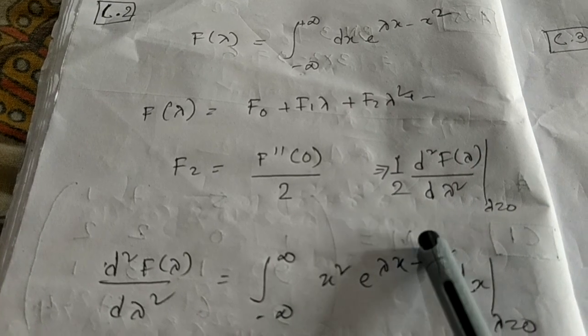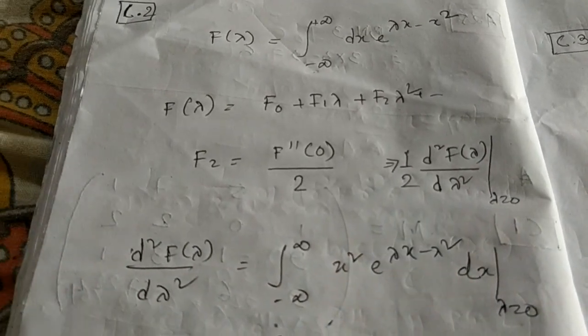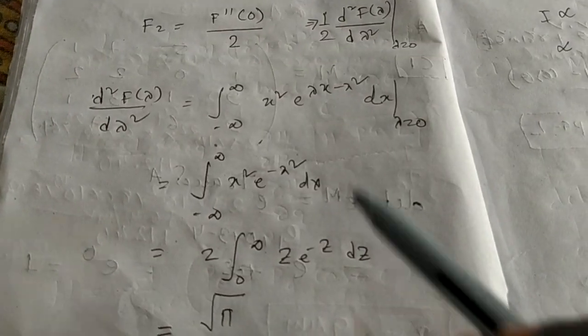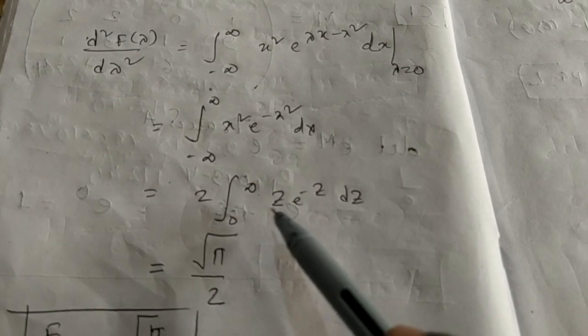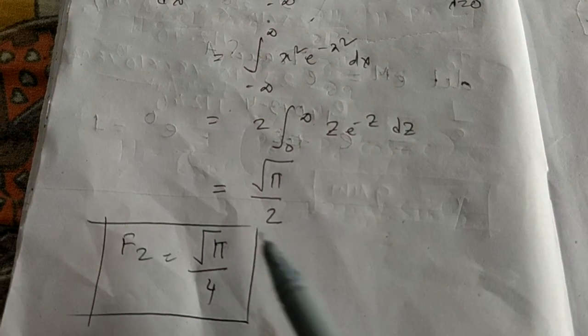This is the f2. Now it is pretty much simple, just calculate, putting lambda equal to 0, you get the value of this, root over pi by 2, and then f2 is equal to root over pi by 4.